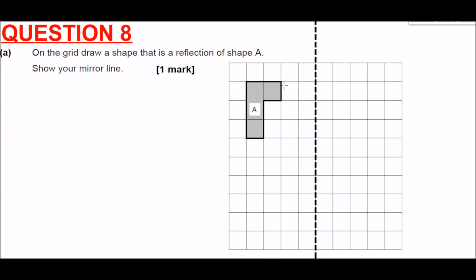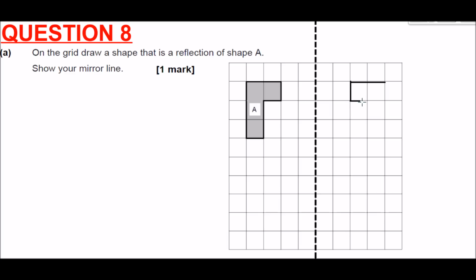So if a shape's reflected, each point ends up being the same distance away from the mirror line what it is right now, but on the exact opposite side. So if we look here, this first bit is 2 squares away, so on the other side it'll be 2 squares away too. This is 4 squares away, this corner from the mirror line, so on the other side it'll again be 4 squares away.